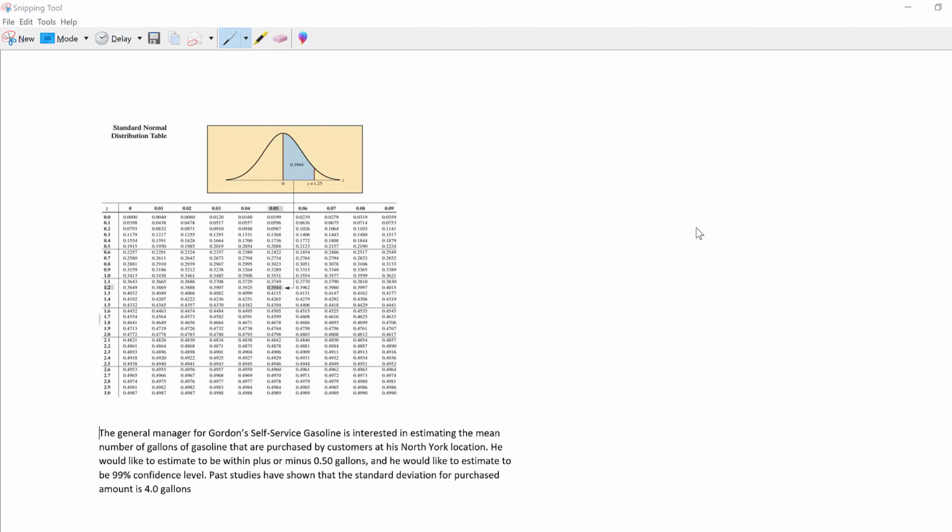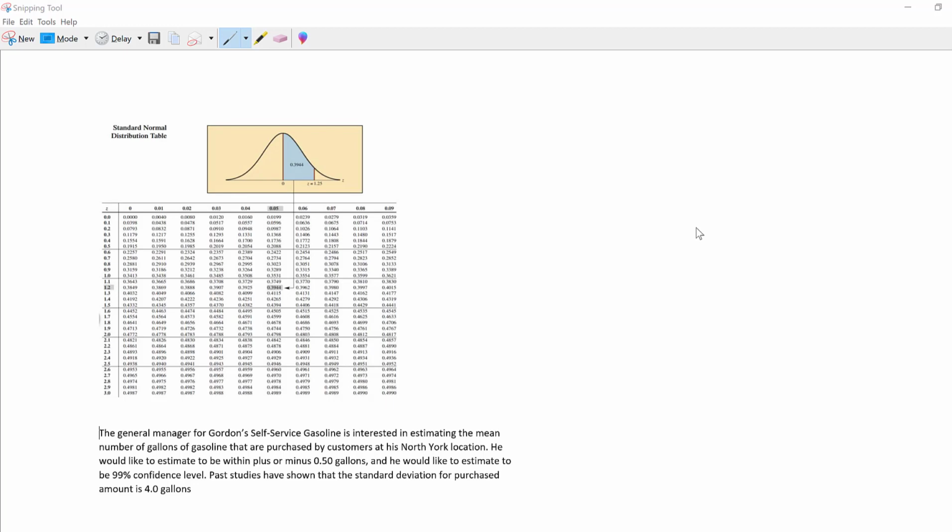So we are looking to estimate the mean number of gallons of gasoline knowing the margin error. So the margin error should be plus or minus 0.50 gallons. So we are looking to calculate the sample size knowing the margin error.